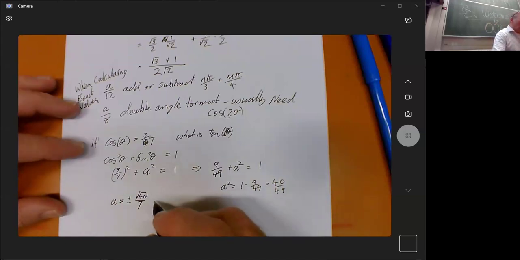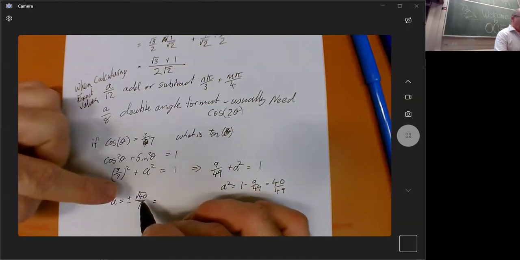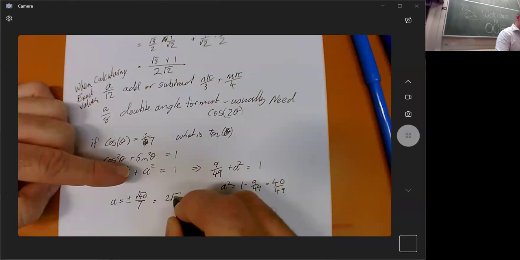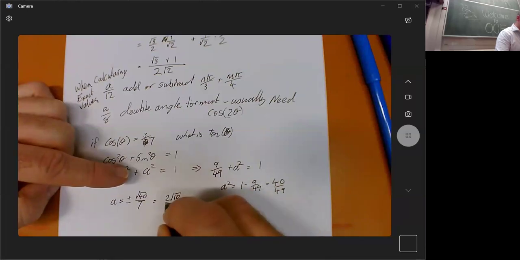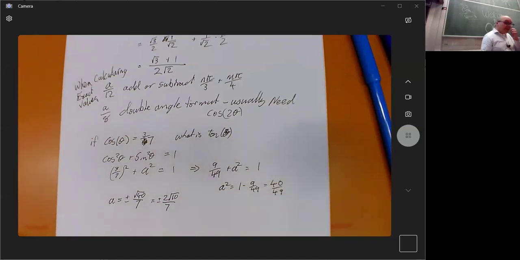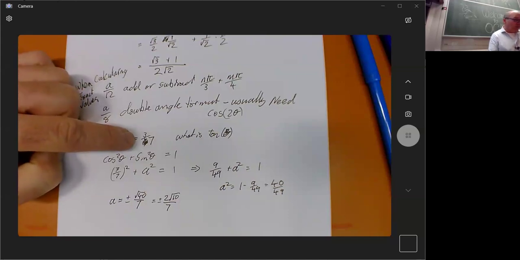I could write the 40 as 2 square root 10 on 7, plus or minus. So now I'd need to know more about that. And so this says quadrant 1 or 4.